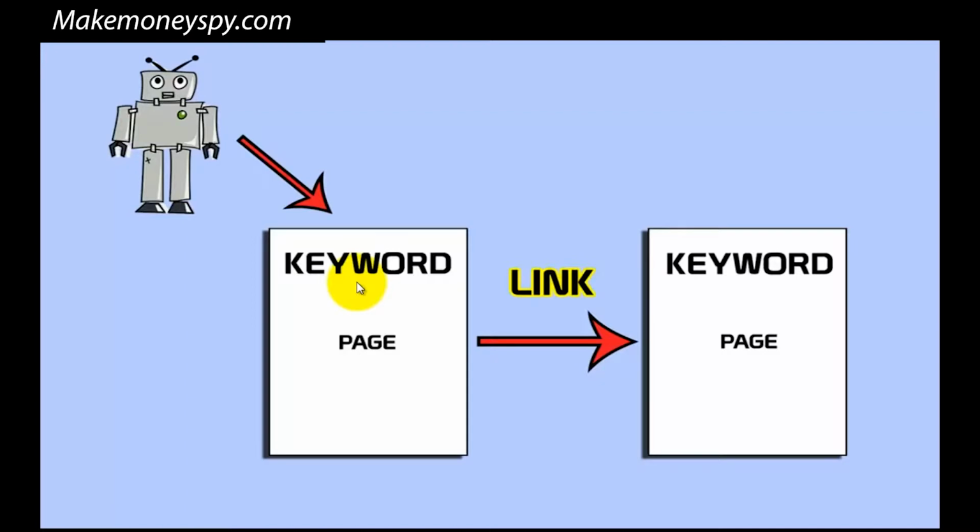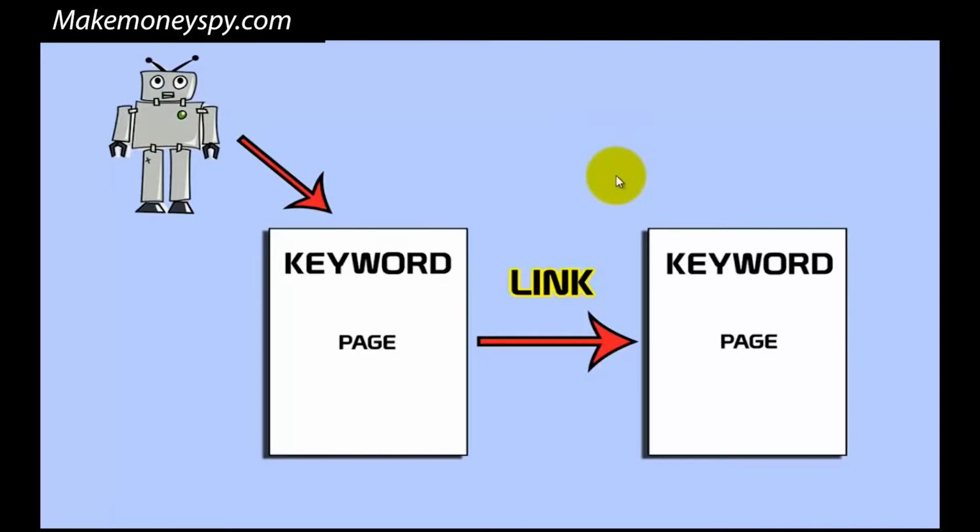Afterwards, they follow the links that you have inside of that website page, and many times this may be a link to another website page inside of your site, or for example, if in that page you have a link to a Wikipedia page, the robot will follow that link, go to that Wikipedia page and perform the same action of analyzing that page's content and seeing exactly what it talks about.